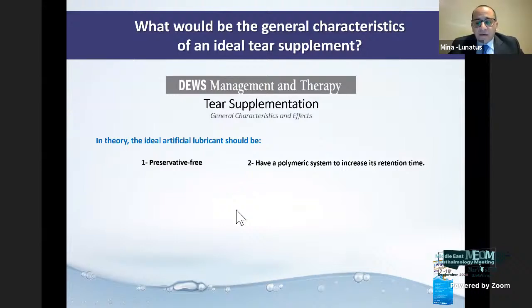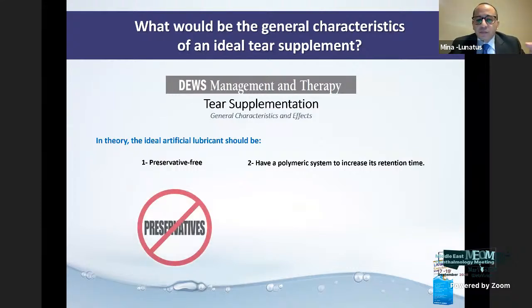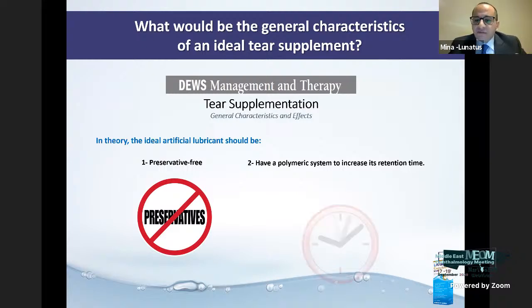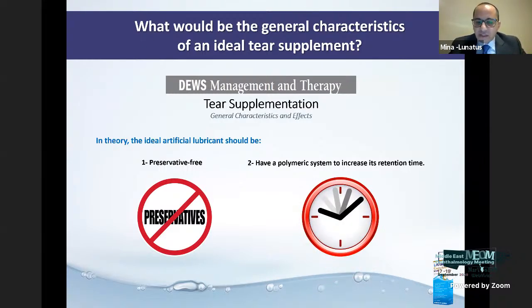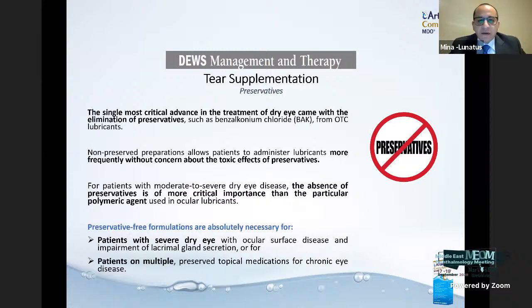So another point that we want to highlight from the DEWS before talking about Artilac Complete is the general characteristics of an ideal tear supplement. According to the DEWS report, an ideal tear supplement should be preservative-free and should have a polymeric system to increase its retention on the ocular surface. Preservative-free lubricants allow the patients to administer the lubricants more frequently without the risk of toxicity.